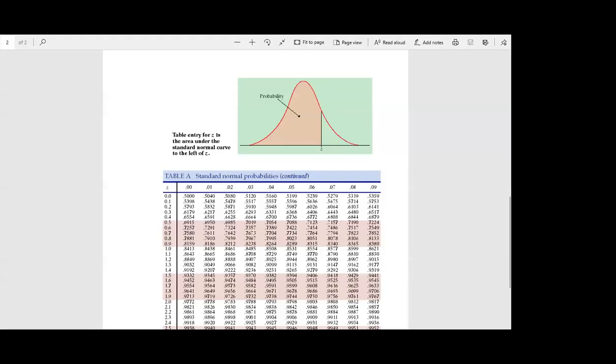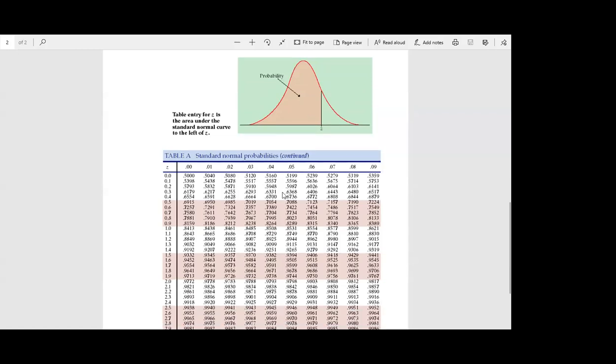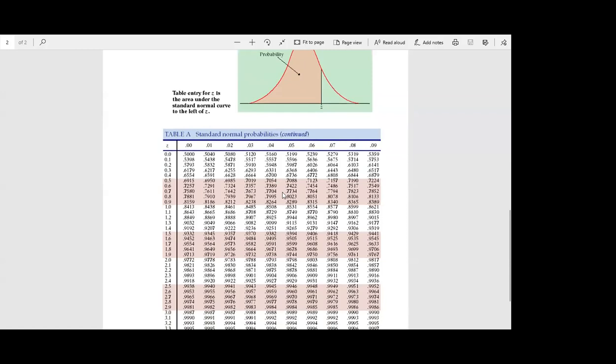All right, so from the table, remember that we had to find the value that's closest to 0.70. As the person in the group just stated, we could have used 0.6985 because when you round it off, it is exactly 0.7.